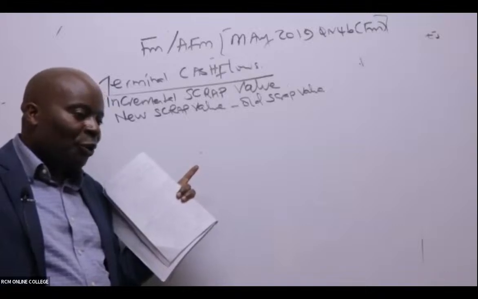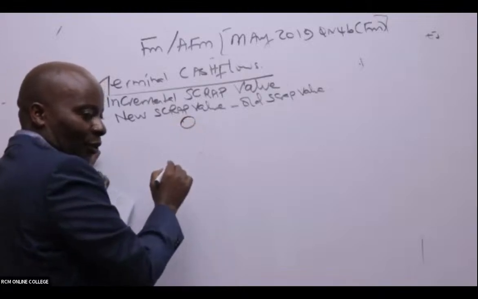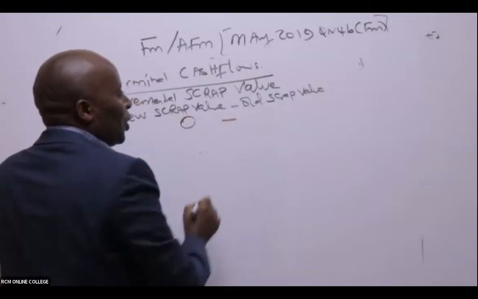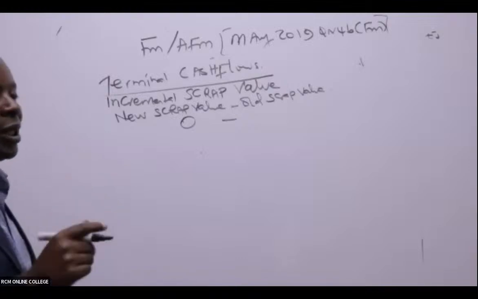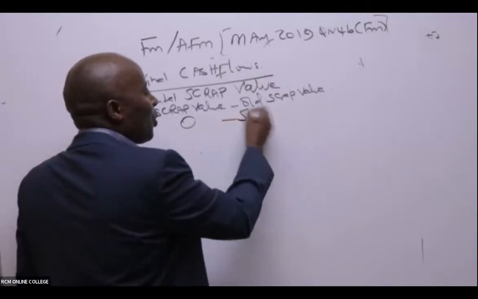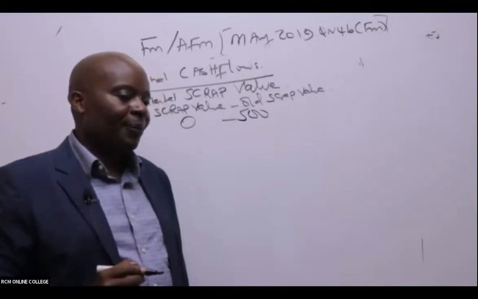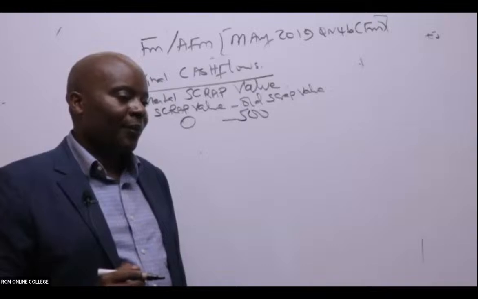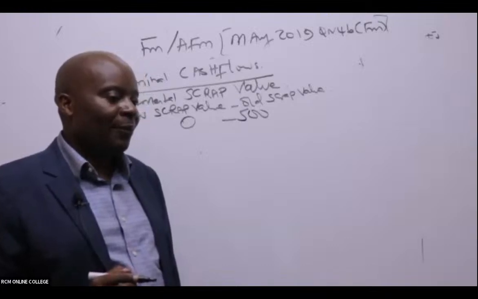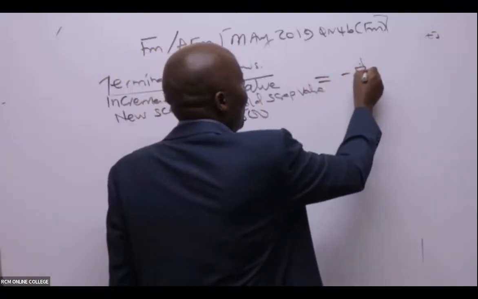The new machine scrap value is zero, minus the old machine scrap value, which I vividly remember was 500. All right, so then this gives me minus 500.